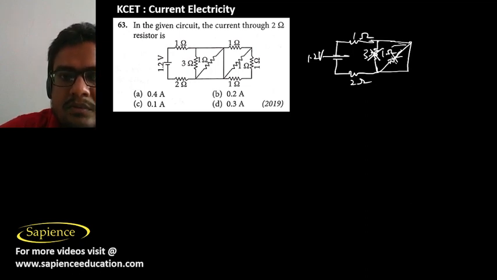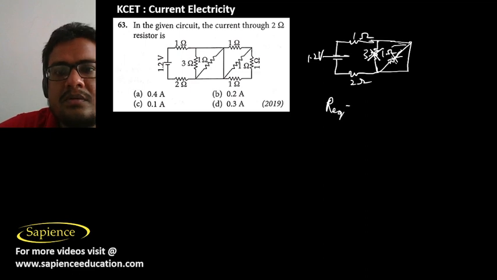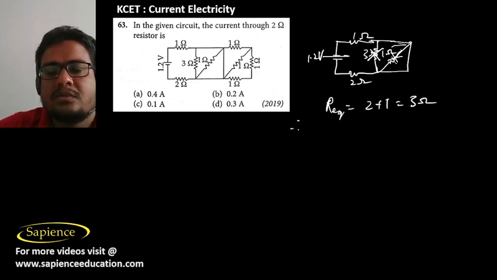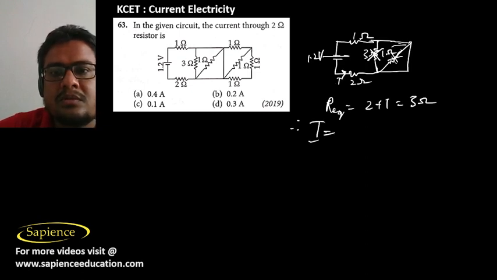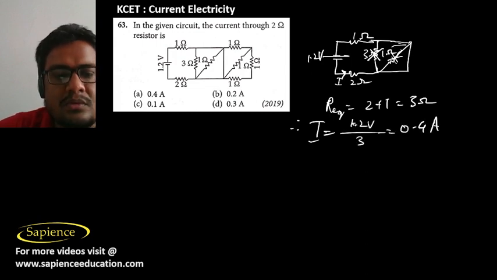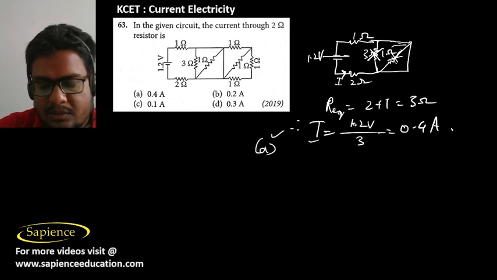Through here also no current will flow. All the current will pass through this part. So the equivalent resistance R equivalent is 2 ohm plus 1 ohm, that is 3 ohm. Therefore, the current that will flow is 1.2 divided by R equivalent, which is 0.4 ampere. So option A is the correct answer.